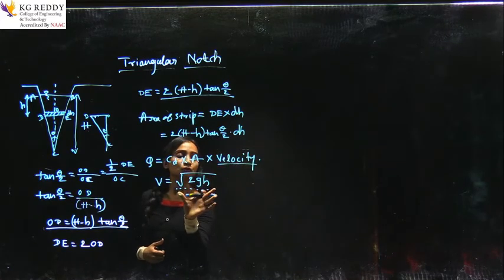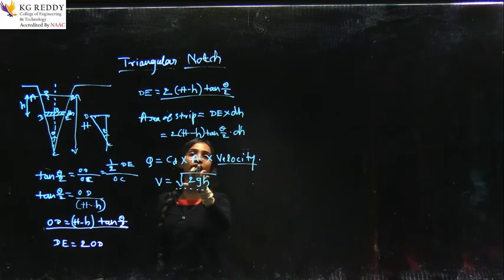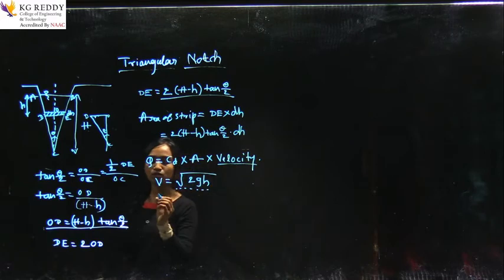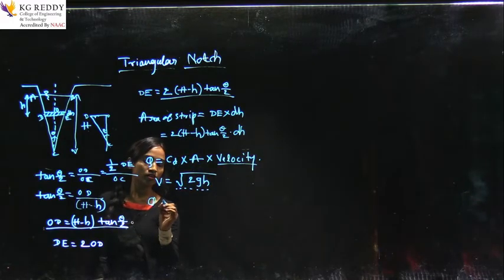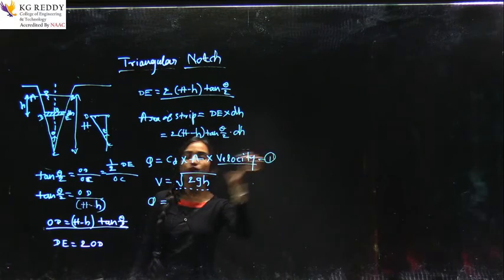So, square root of 2gh. Now Cd is the same, the area we also got, and the theoretical velocity is this. Let's substitute all these in equation 1.